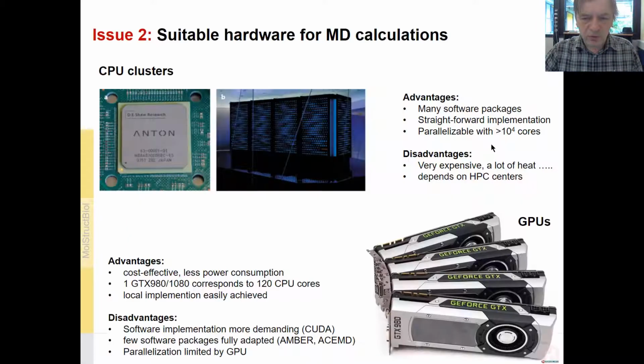So the progress that has been made is progress in hardware. The first progress was in the force fields, to get stable force fields to simulate meaningful stuff. But the second issue is hardware.